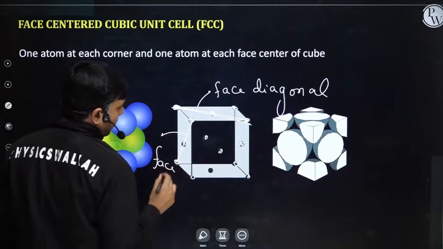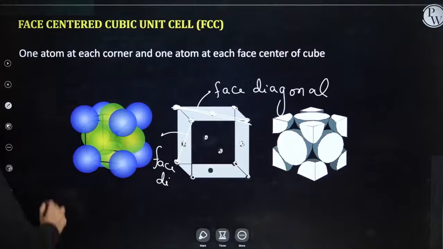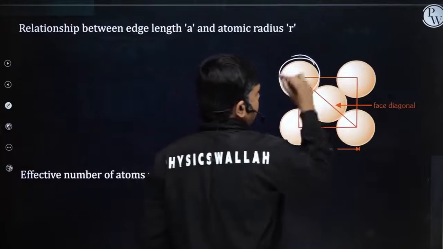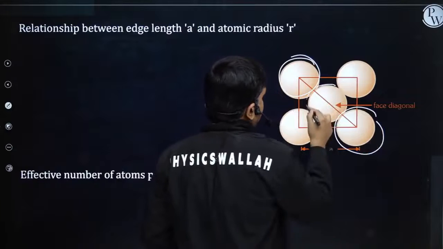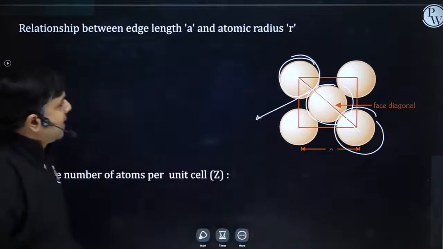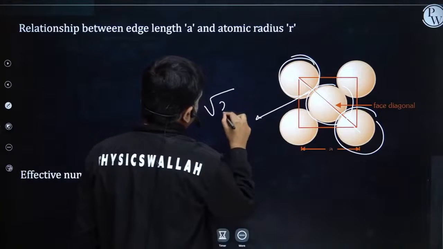What's the length of the face diagonal? It's under root a square plus a square, it's root 2a. This one is the face diagonal. The length of the face diagonal is root 2a.